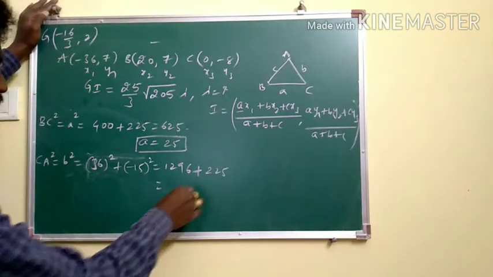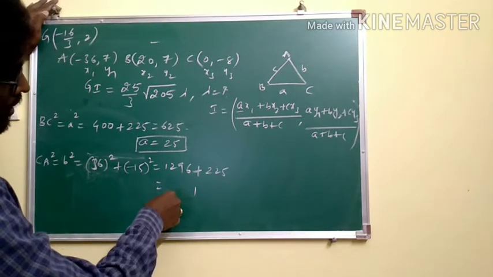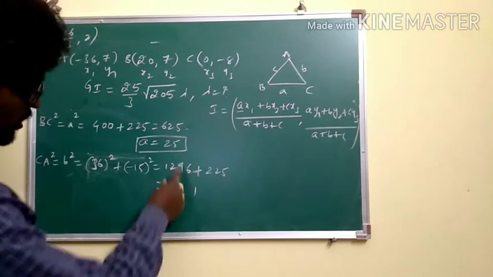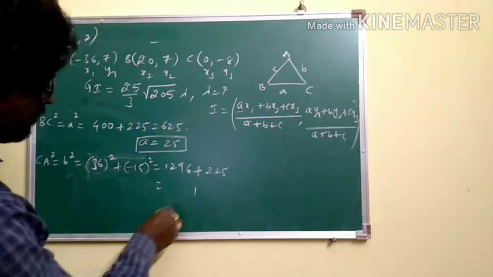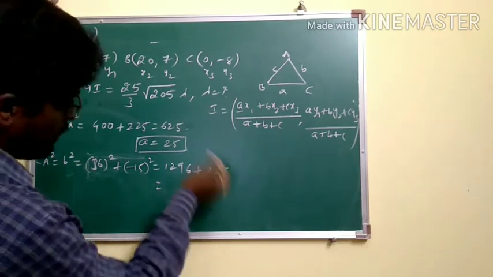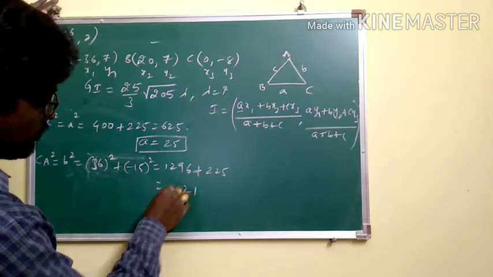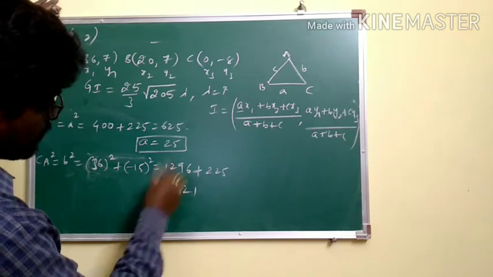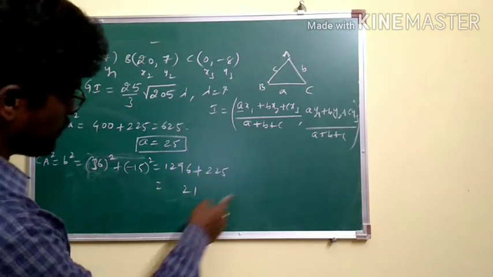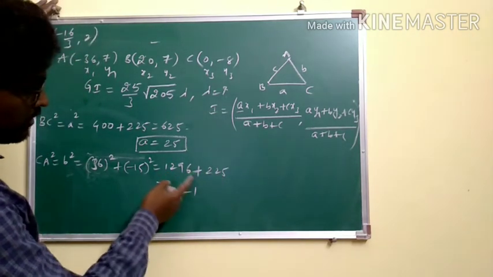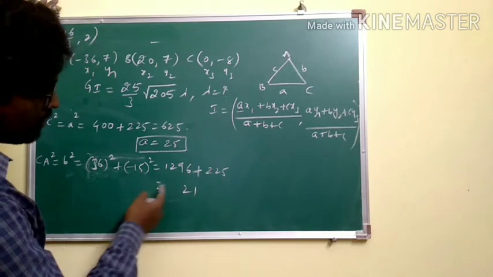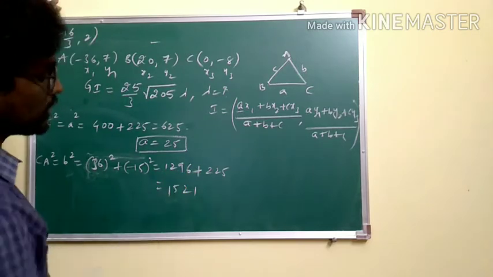So 1296 plus 225, which is equal to 1521.